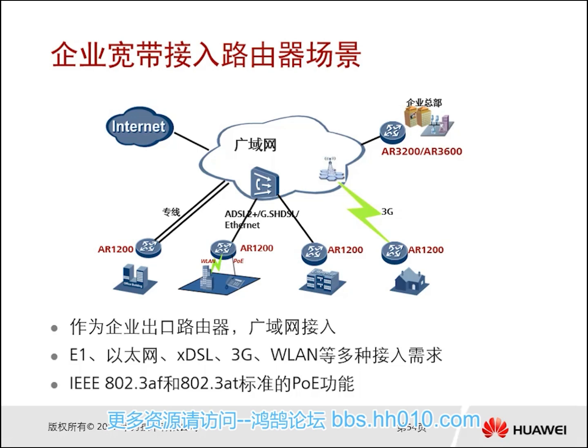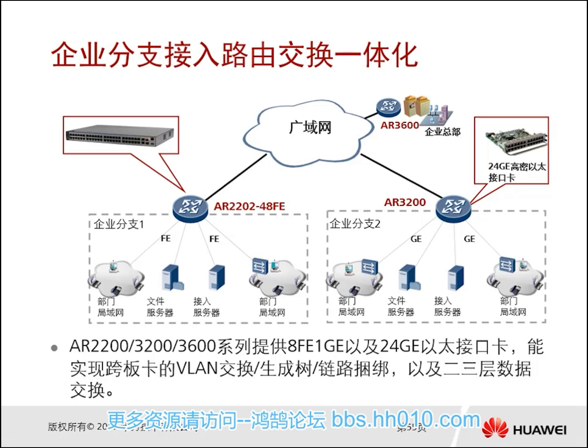Let me briefly explain this scenario. One of the functions of this router, my enterprise branch access router, is switch integration. Everyone can take a look. The AR is also an access point for various branches, accessing them into our wide area network. The AR2220, 3200 and 3600 series can provide interface cards with 8 FE, 1 GE and 24 GE Ethernet.